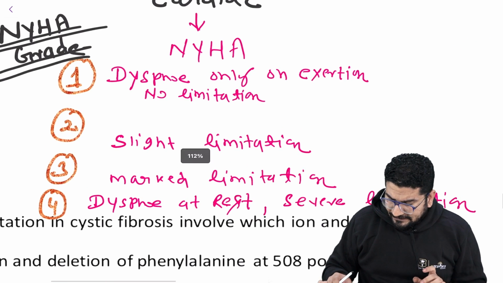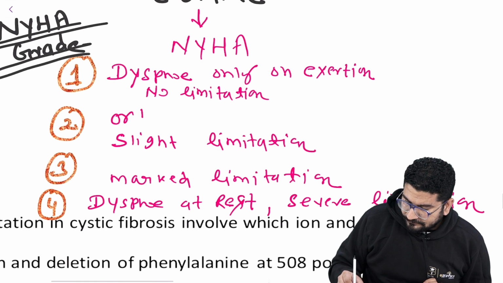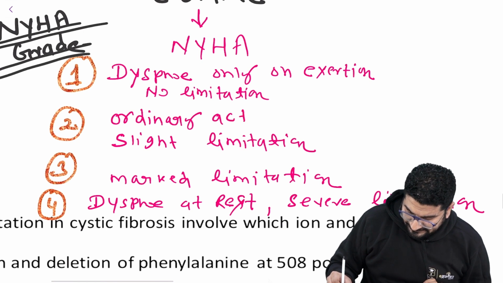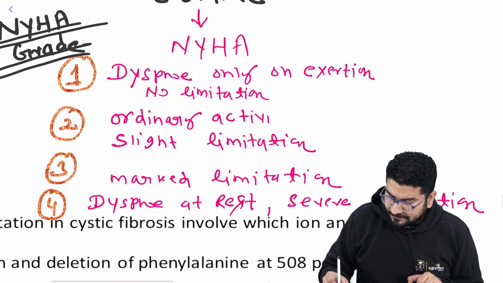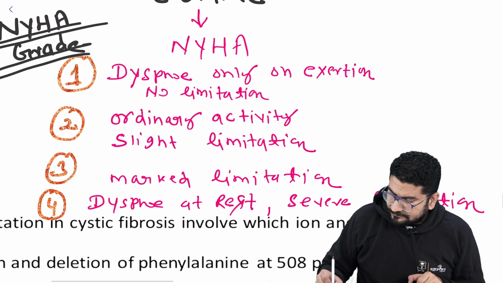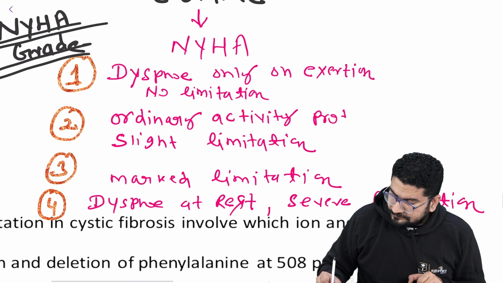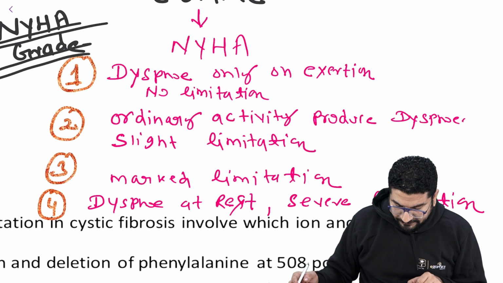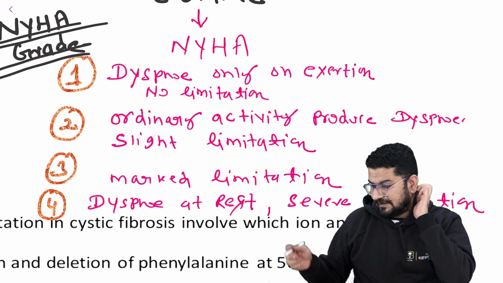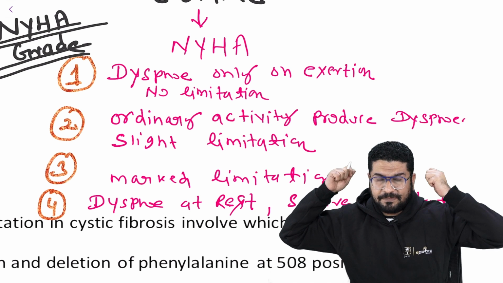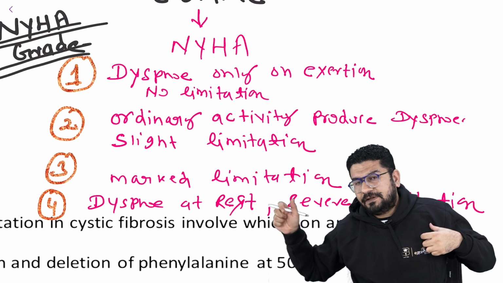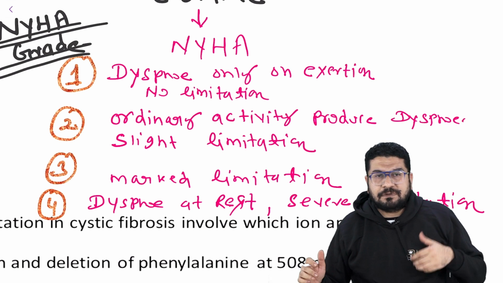That's ordinary activity. So I can write: ordinary activity will produce dyspnea. Like having a bag, going to classes with a bag, or going to his office, moving for 200-300 meters on the road.